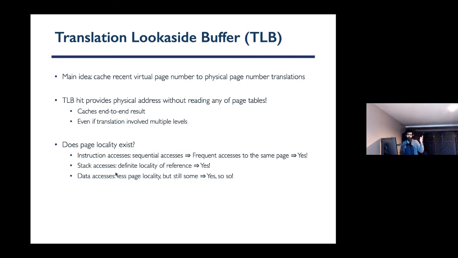So you definitely have a spatial locality, right? The other one is, yes, you also have temporal locality, because we already saw that you have spatial and temporal locality in memory accesses.